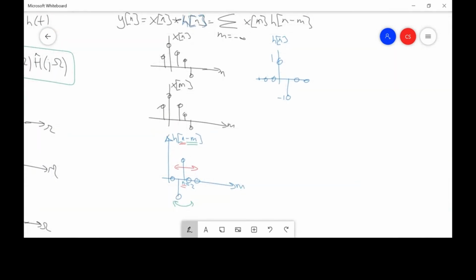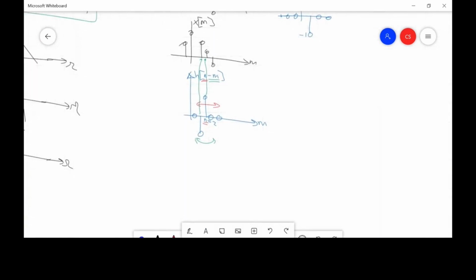So I have to multiply these samples. Everything is 0 except these two. So this one goes to here, this one goes to there. So I have to multiply the two. This is this auxiliary signal that I will sum later.